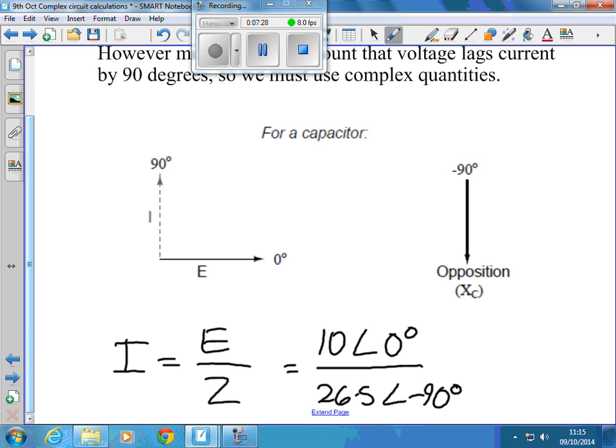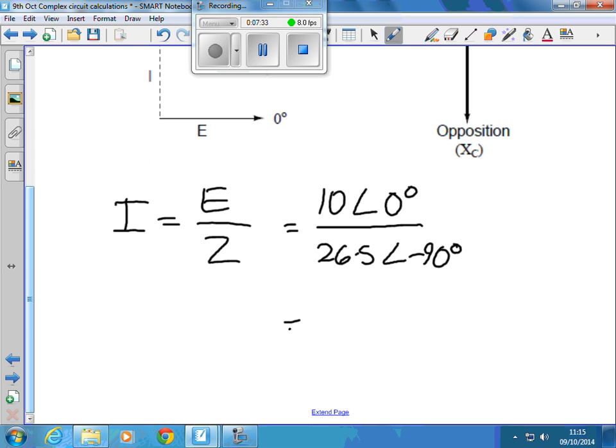Capacitive reactance has got a negative angle. 10 divided by 26.5, gents, is 0.377, and 0 minus minus 90 is plus 90 degrees.